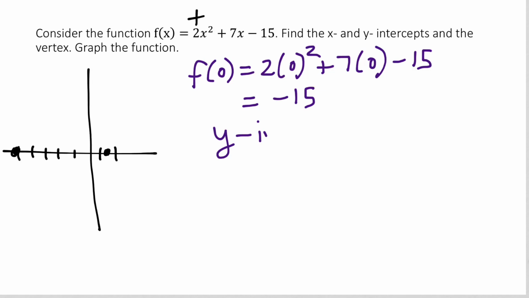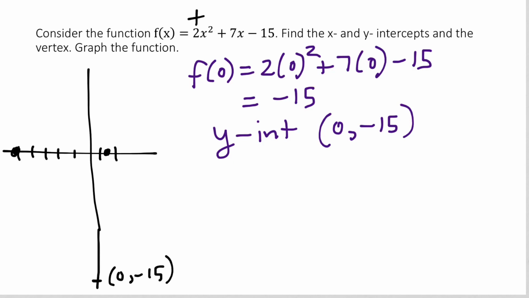So my y-intercept is the point (0, negative 15). So it's way down here. So let's just say this is my point (0, negative 15). All right? So if I sketch my graph, it's going to go like this.